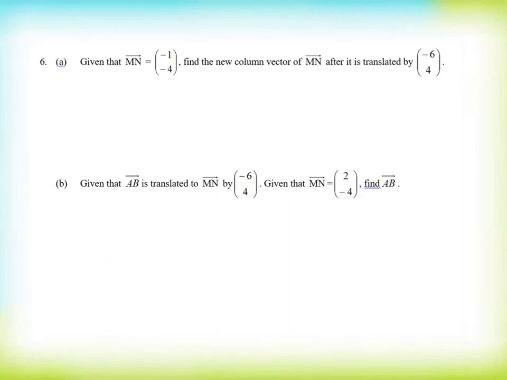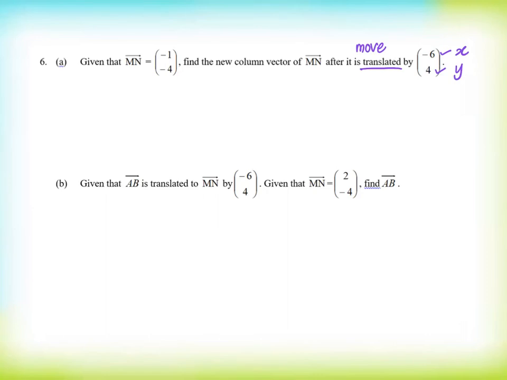Last few questions. Now in question 6a, I'm given MN to be this column vector. Now they tell me to find the new column vector of MN after it is translated. What do you mean by translated? Translated by this vector, meaning I have moved my original vector by adding a negative 6 to my x units direction and a positive 4 on my y units direction.